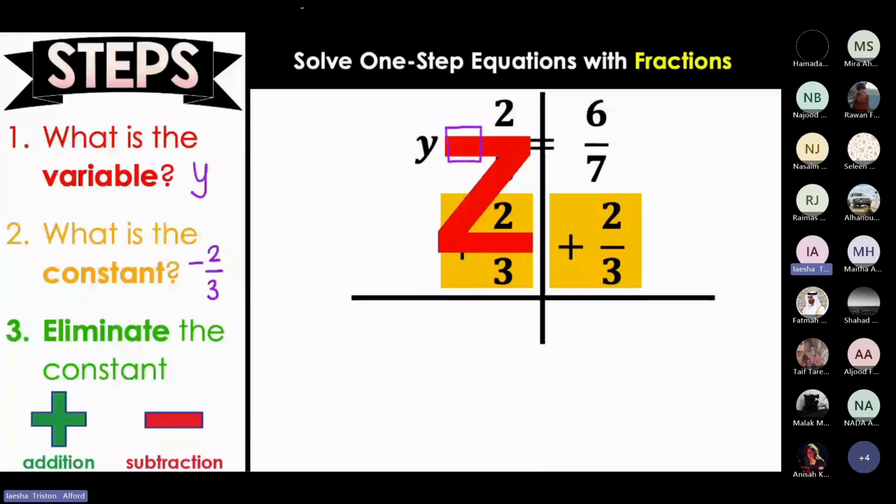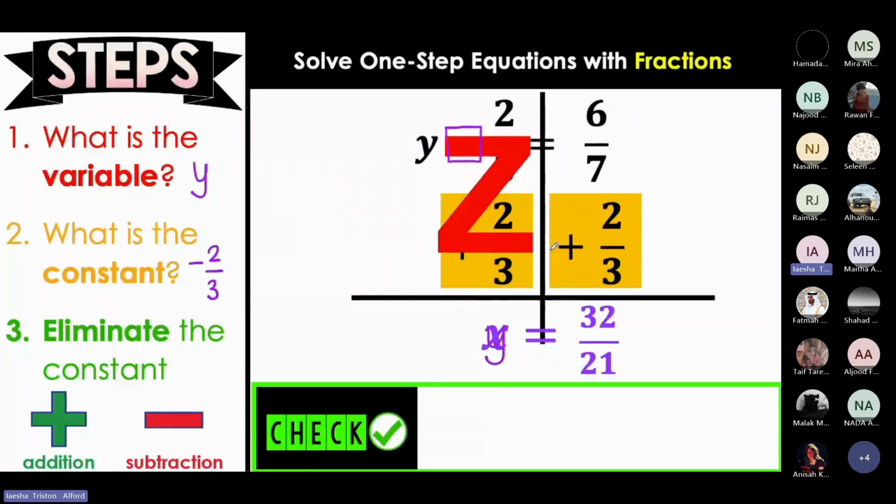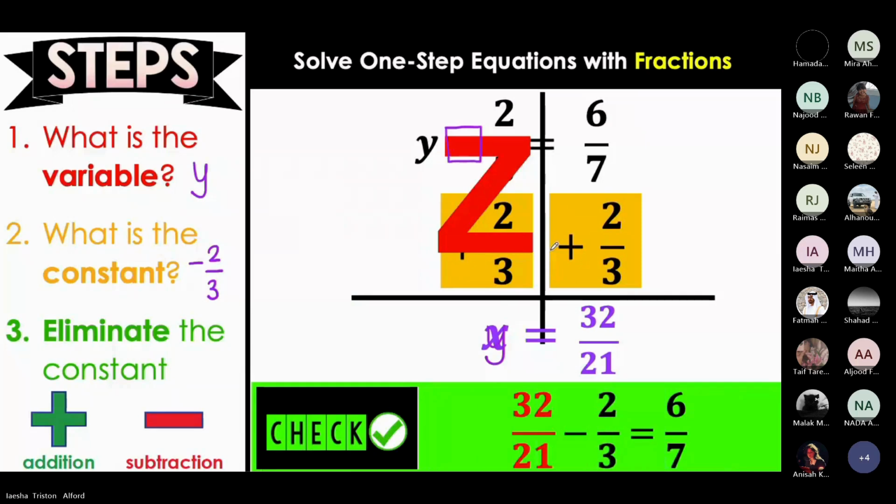The y, keep it down. It should be y here, not x. And when you added, you got 32 over 21. Correct? Fine. Check. You put 32 over 21, subtract 2 over 3, and it should give you positive 6 over 7.